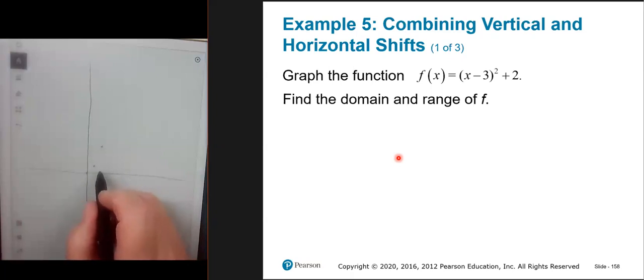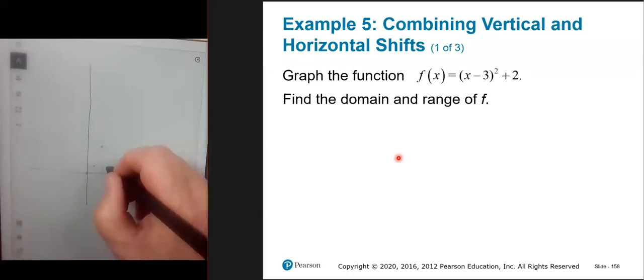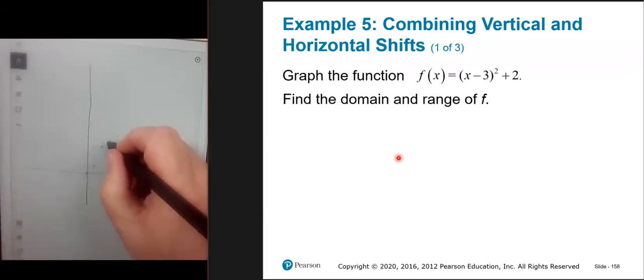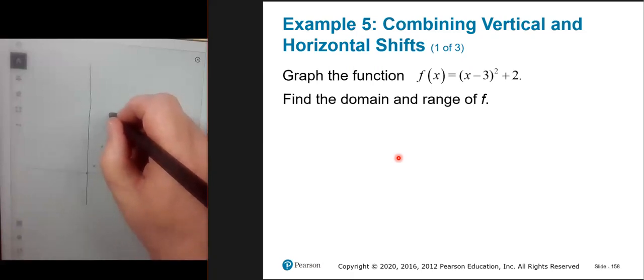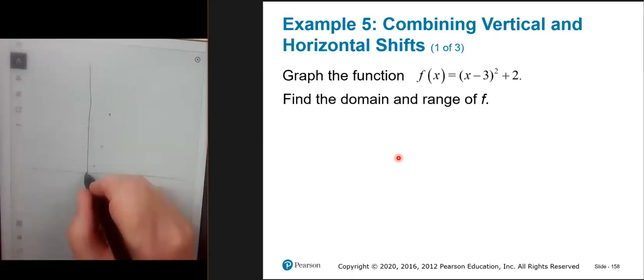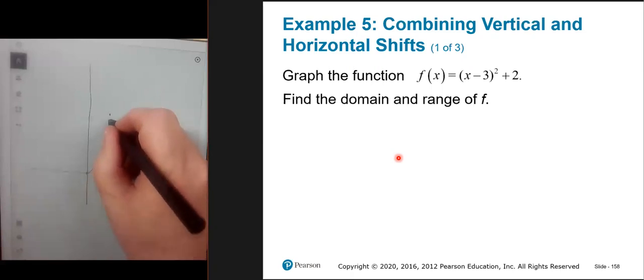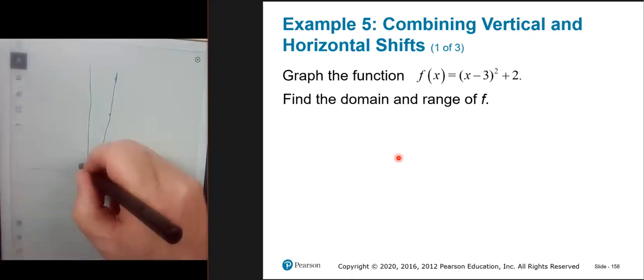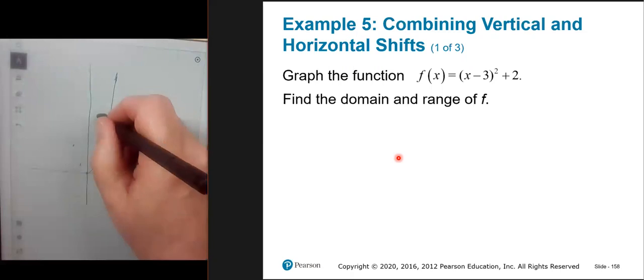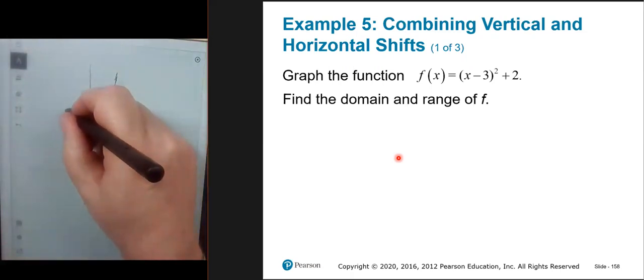Well, I'm going to go ahead and put it on here, even though it won't be on the completed graph. I'm just putting that point on there to get a sense of scale or direction here. So this point and that point and that point.